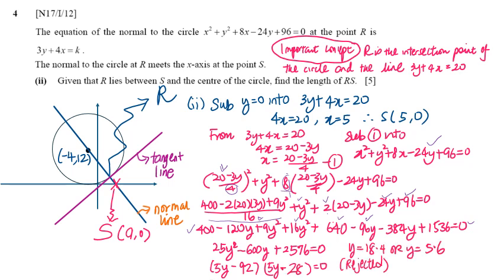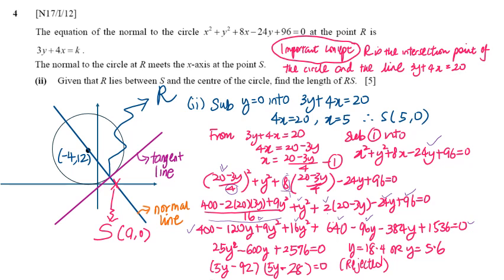Of course, we reject y equals 18.4. Maybe you can think about why you reject that point. If you look at the diagram, it's quite clear that point R is below the center of the circle. The y-coordinate of the center of the circle is 12, so it cannot be more than 12.